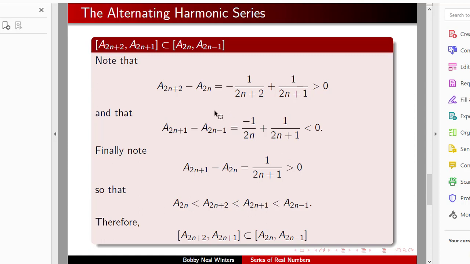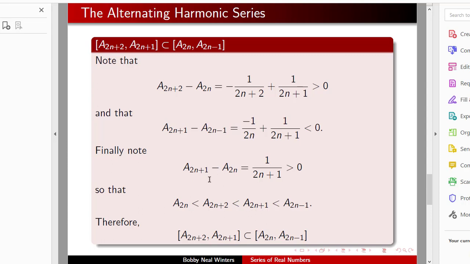We take the difference of the partial sums that are even, and they're positive. We take the difference of the partial sums that are odd, in this order, and they're negative.